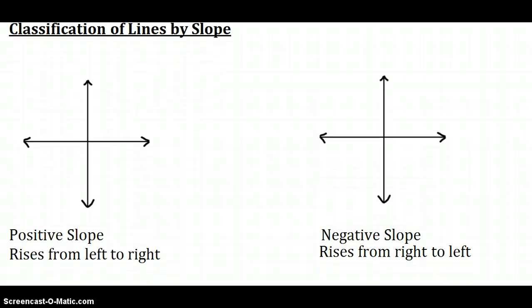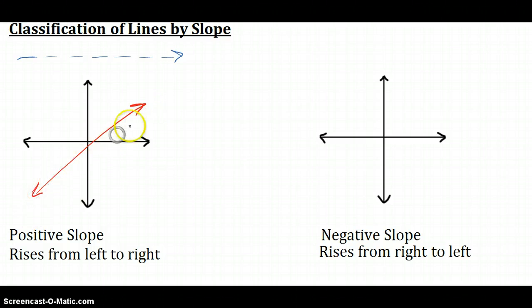We're going to quickly talk about the classifications of the lines by slope. If you have a positive slope, your line is going to rise from left to right. That means that if you move from left to right on this graph, if you pretended you were walking upstairs from left to right, if you're walking up the stairs, that means you have a positive slope.